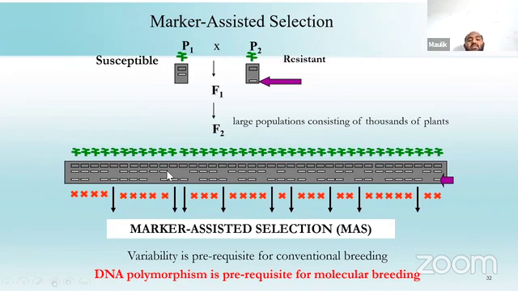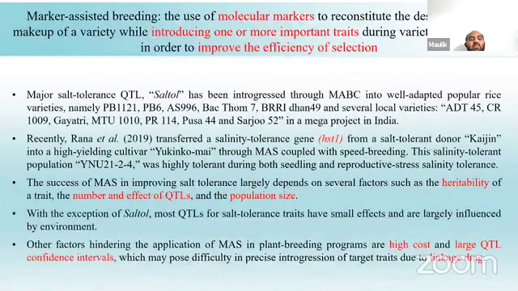It reduces the population size. This much of the population we reject at the seedling level and only handle this population. So it is a time saving method, and also has low labor requirement.